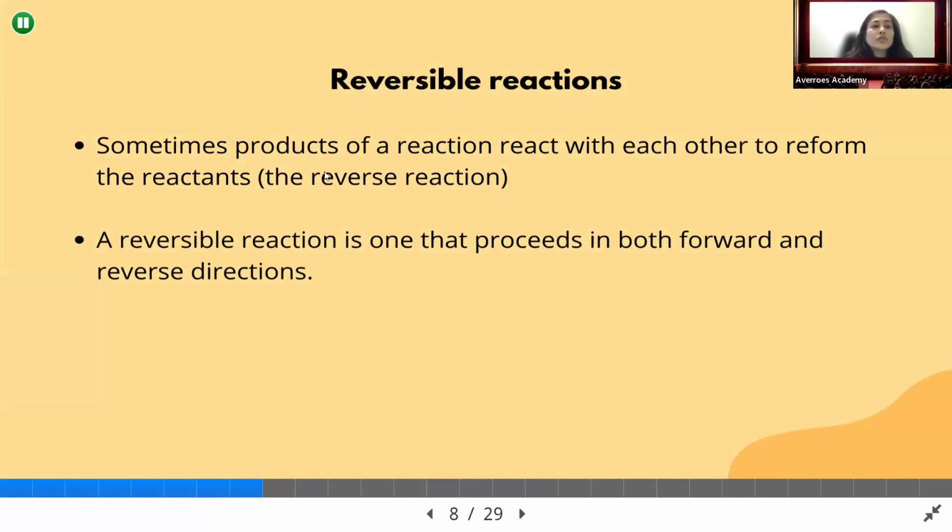Reversible reactions. Sometimes products of a reaction react with each other to reform the reactants in the reverse reaction. A reversible reaction is one that proceeds in both forward and reverse directions.